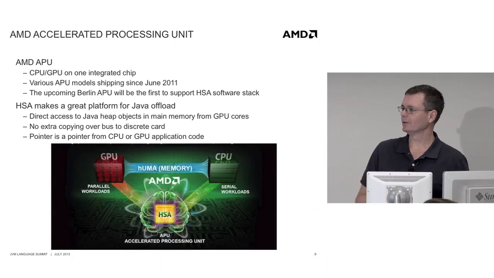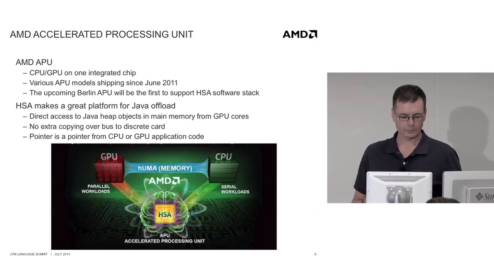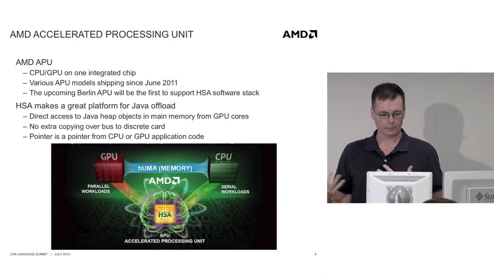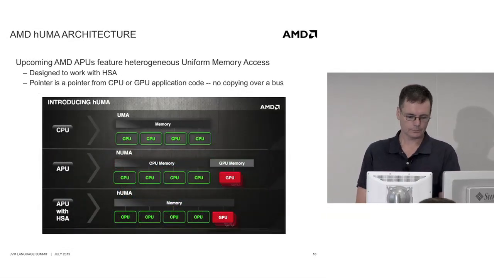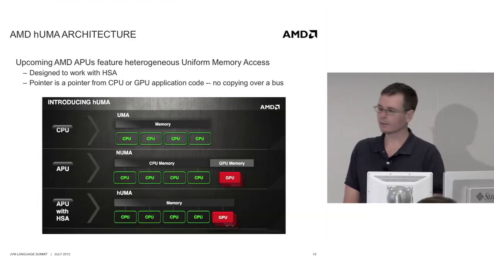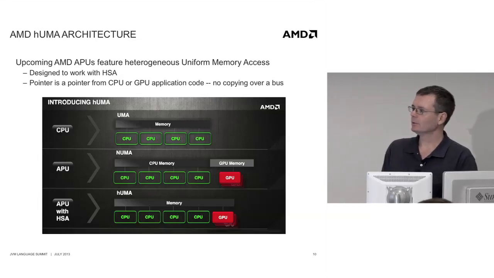So the picture there is trying to convey the idea that now you just have one unified memory and you don't have to worry about the copying. Again, here's another one that kind of shows it. In the past, you just had the CPU.